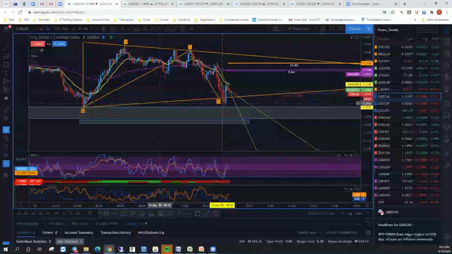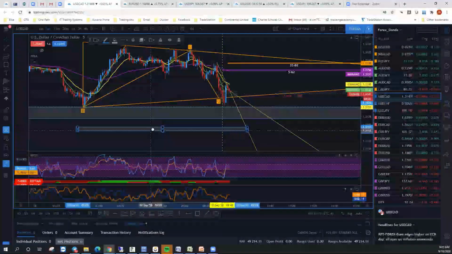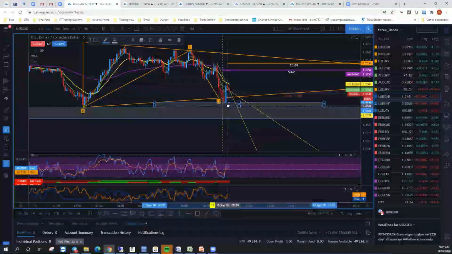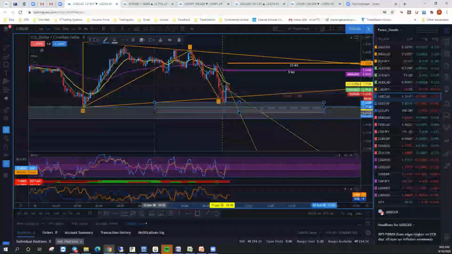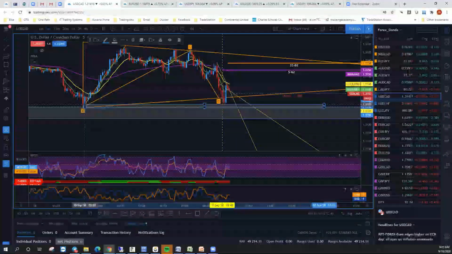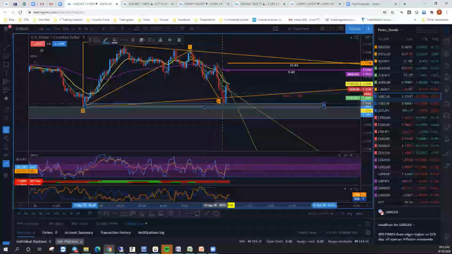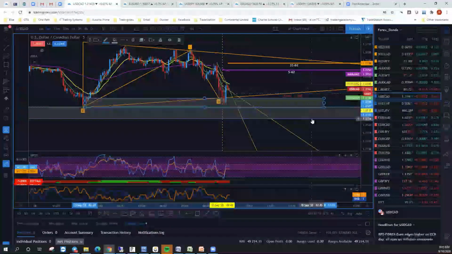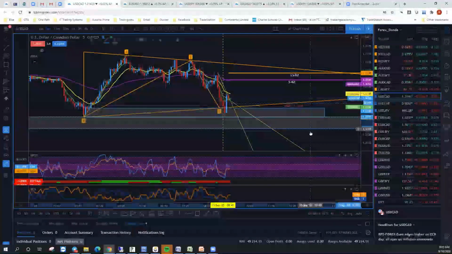But if we did, I would take this box from where the first rejection of the trend line was to, in this case, my B. And I'm looking to see where the lowest close is, the bottom of the lowest blue candle, and I want to see it close. Normally I would start with this area. Let me just take this one away.